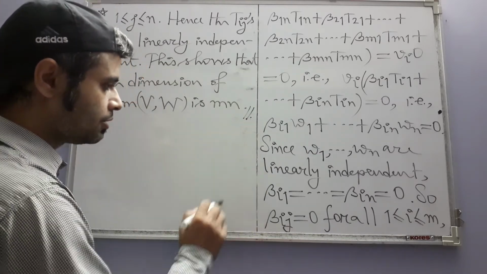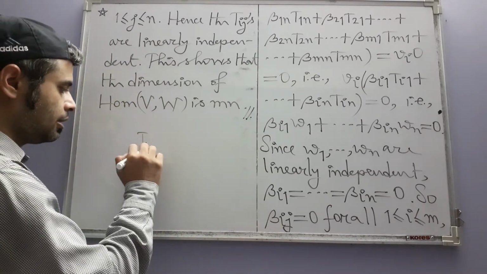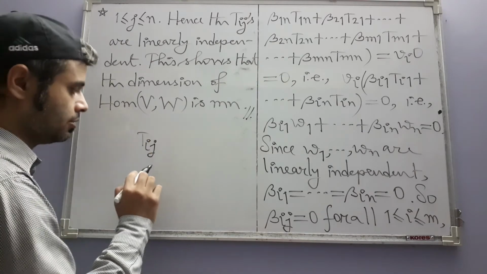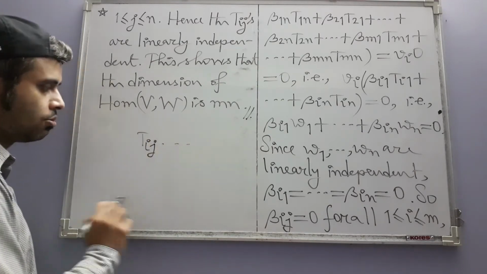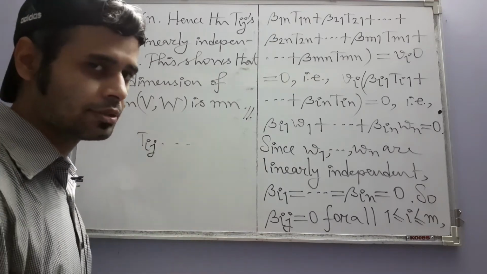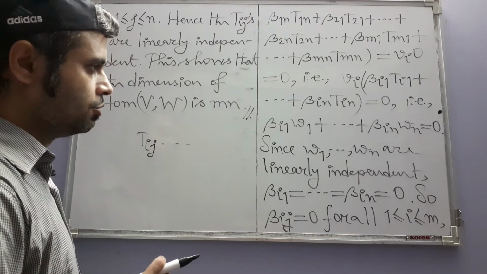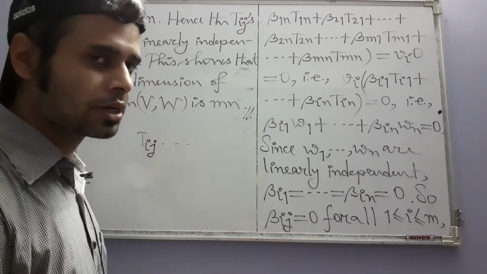For that we should have shown that the Tij's are all distinct, that no two Tij's where at least one i or j is different are equal. Do we need to really show that separately?